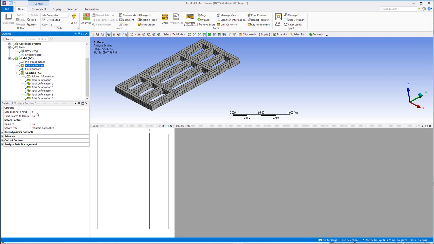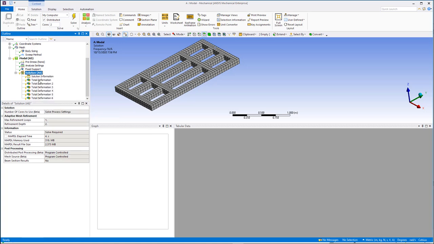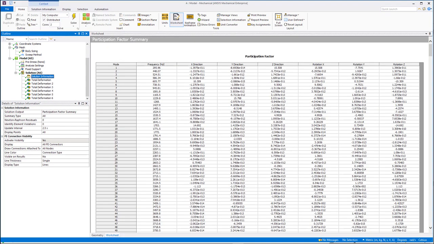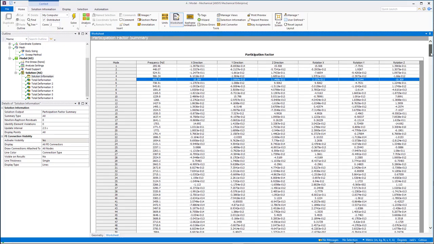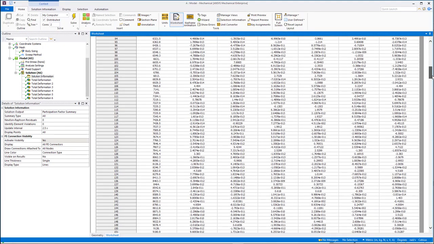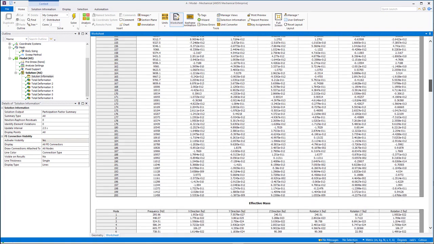Let's see what happens if we extract 200 modes. Under Analysis Settings, set maximum number of modes to find to 200. Next, solve the model. Next, see the participation factor and effective mass in the participation factor summary. More prominent modes can be identified by the higher value of the effective mass.